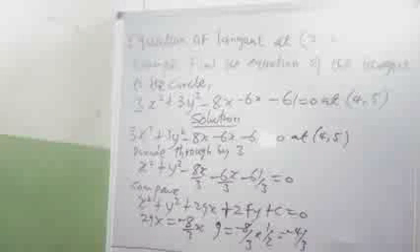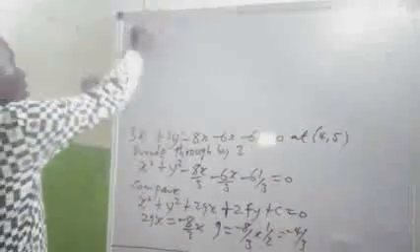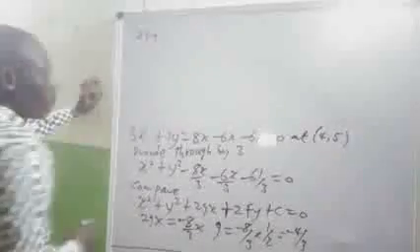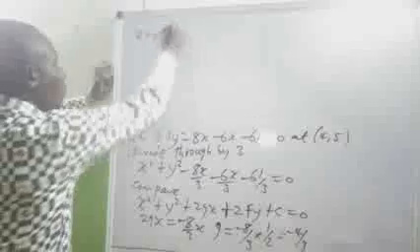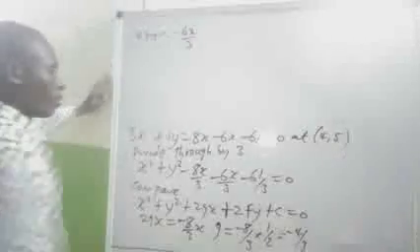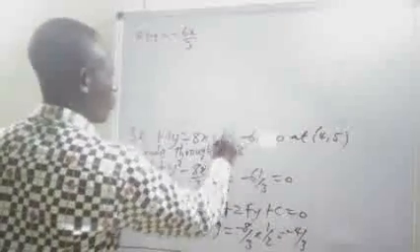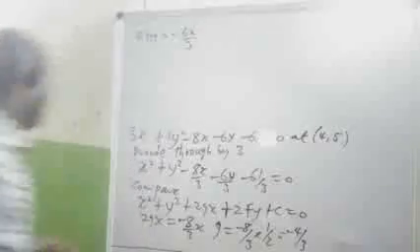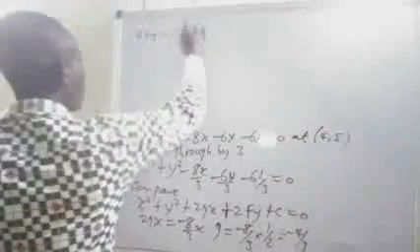Then we solve for y. Our 2fy will be equal to minus 6x over 3. I'm sorry, this is y. Minus 6y over 3.